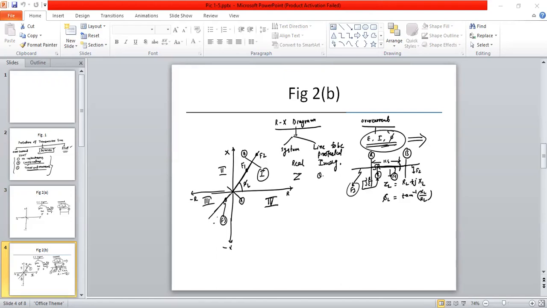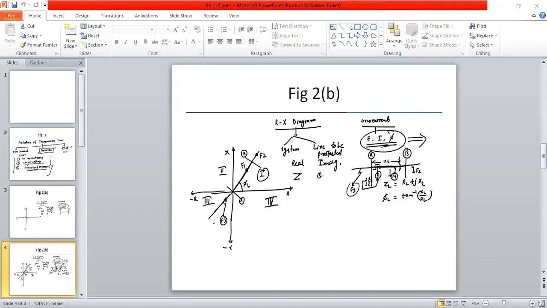The delay time is of the order of 0.3 to 0.6 second, so 300 to 600 milliseconds. From this point, let us say this is the 80% region, and this is the 20% region here.